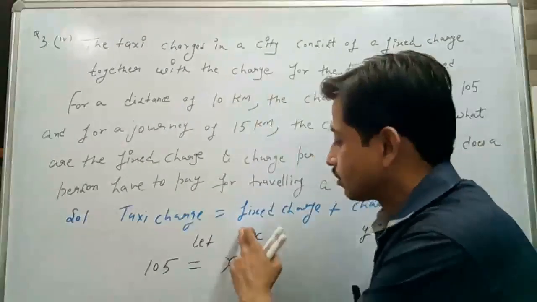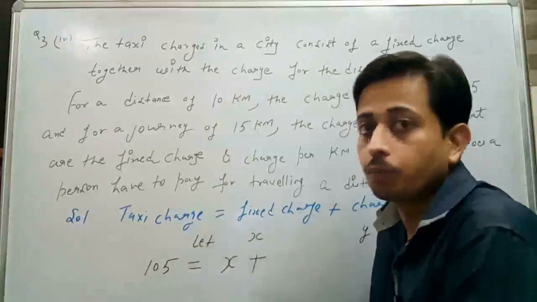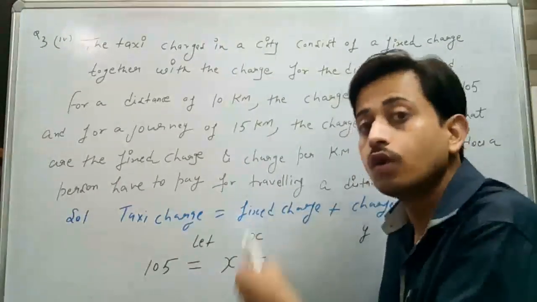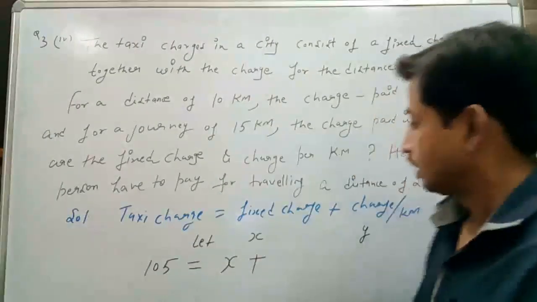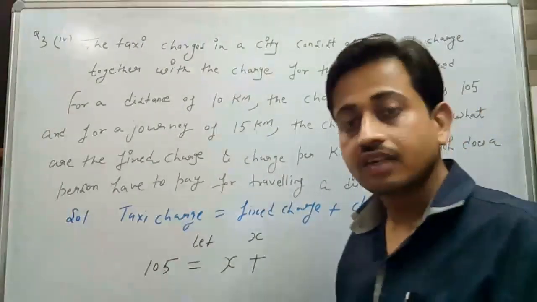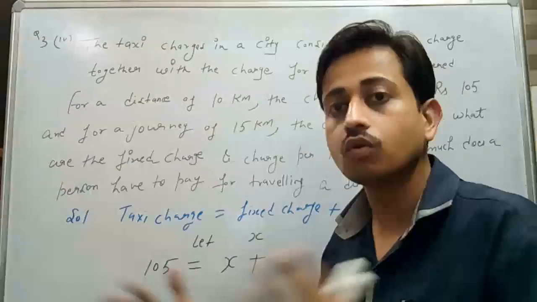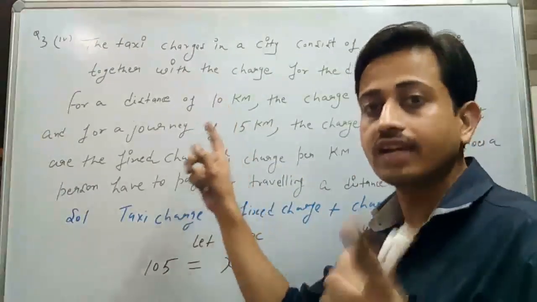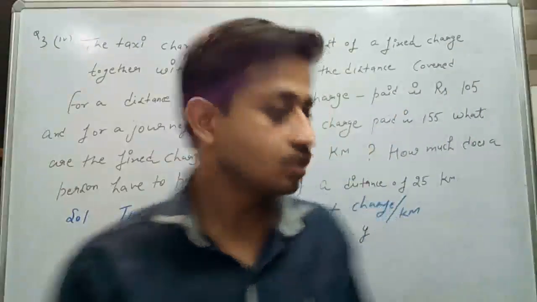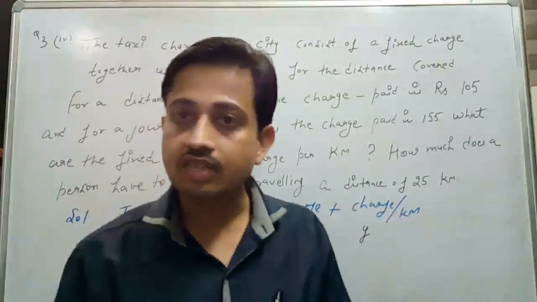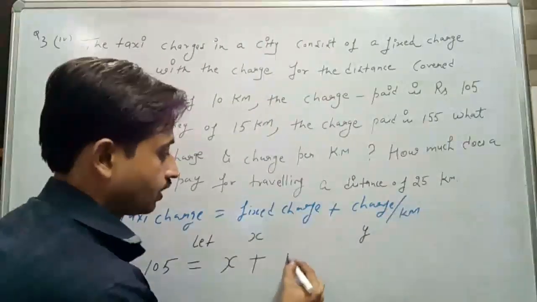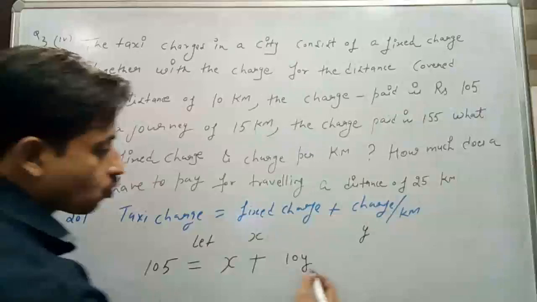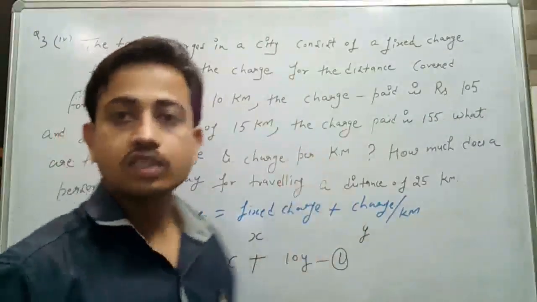The fixed charge is x, which we have to pay whether we go or not. It's a must. The charge per kilometer depends on the distance we go. In this case we go 10 kilometers and the charge per kilometer is y. Then the total distance charge is 10 into y. So 105 equals x plus 10y. This is our equation 1.